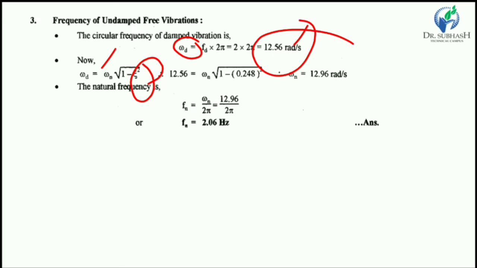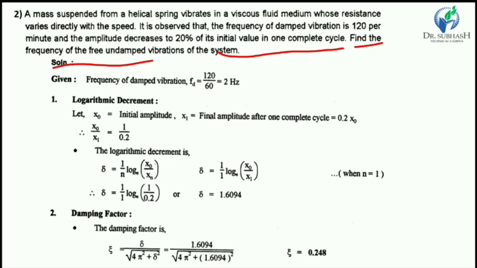The omega d value is already found, 12.56 radian per second. So we first find the zeta value, and we know that zeta is found with the help of the damping coefficient or the logarithmic decrement delta.